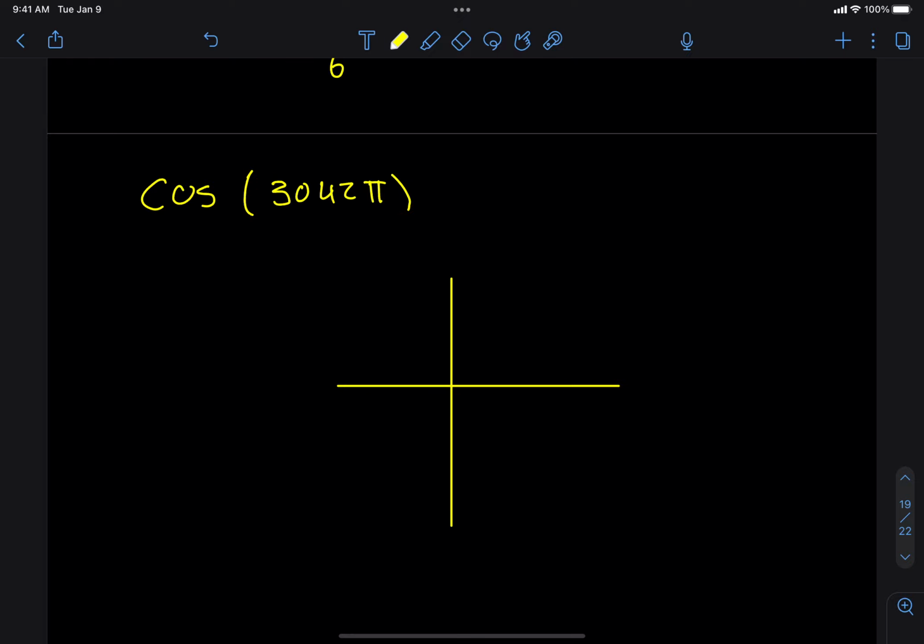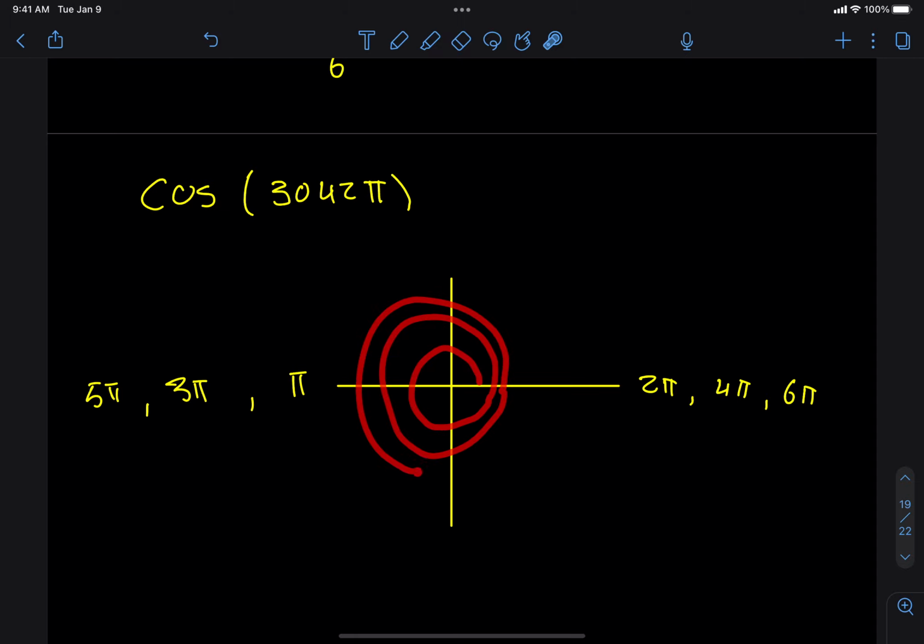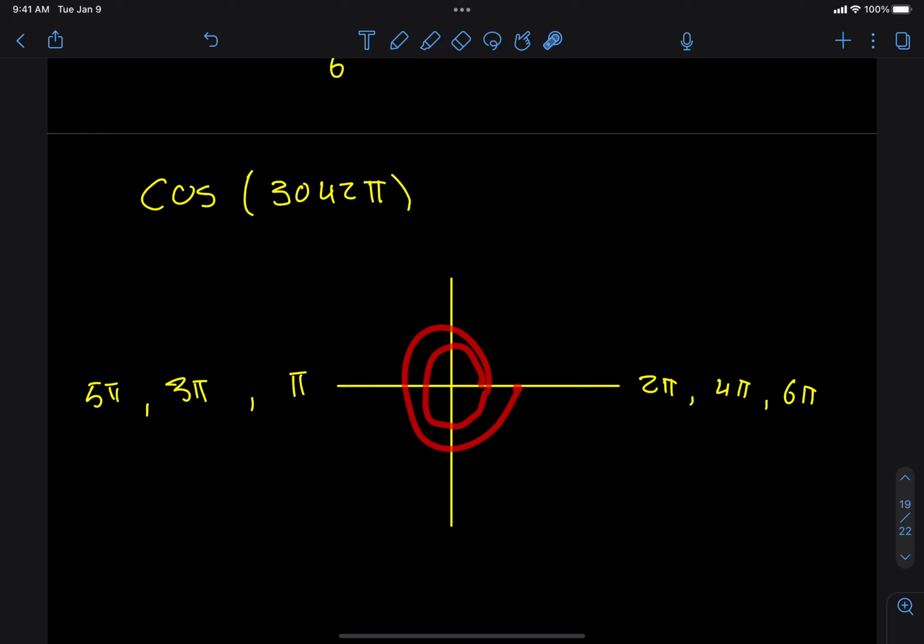The angle measurements go pi, and then 2 pi, and then 3 pi, and then 4 pi, and then 5 pi, and then 6 pi, right? So 6 pi means we would go all the way around. Sorry, this is 2 pi, this would be 4 pi, this would be 6 pi, and so on and so forth.